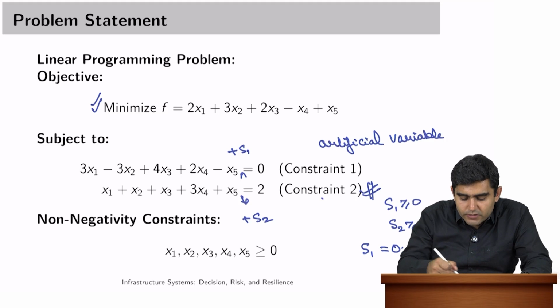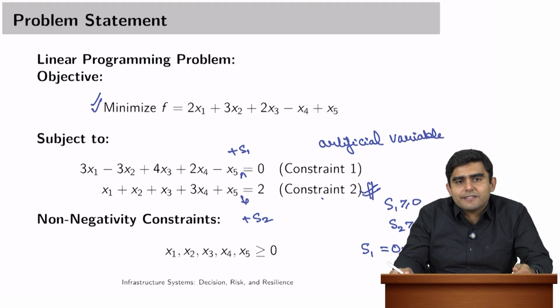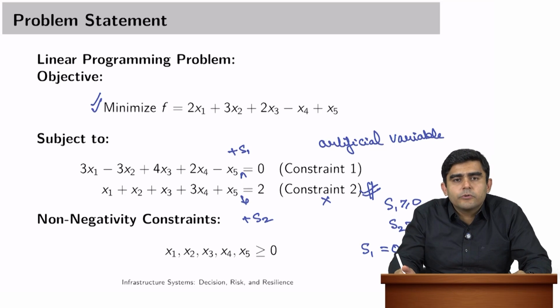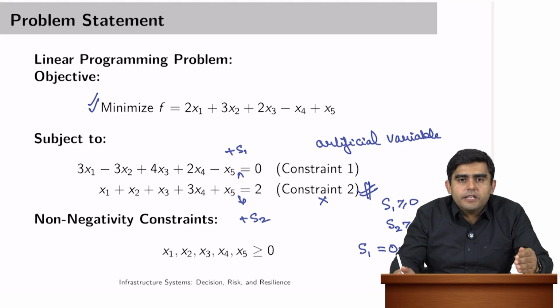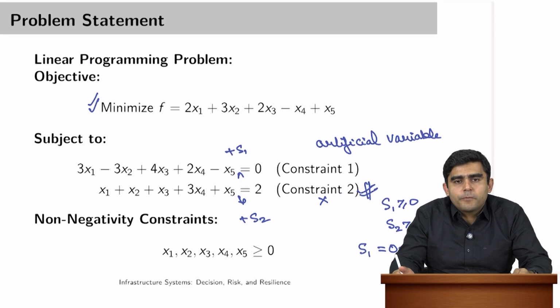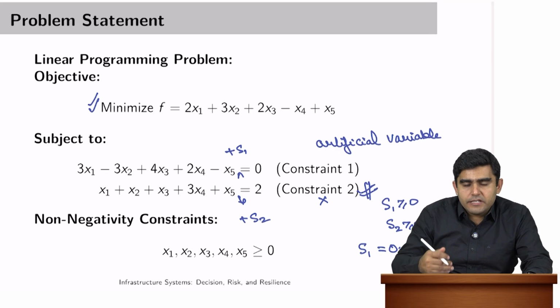So for any solution in which any of the variables x1 to x5 takes a non-zero value, constraint 2 is guaranteed to be violated. As a result, equality constraints add another layer of problem: we introduce artificial variables that we have to eliminate as we progress towards the solution.